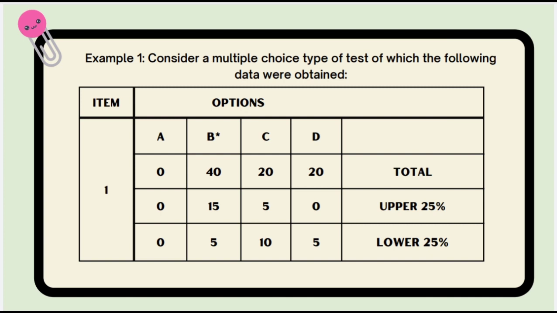The remaining 40 students belong to the middle group, which is the 50% of the total population that is not included in calculating the discrimination index.